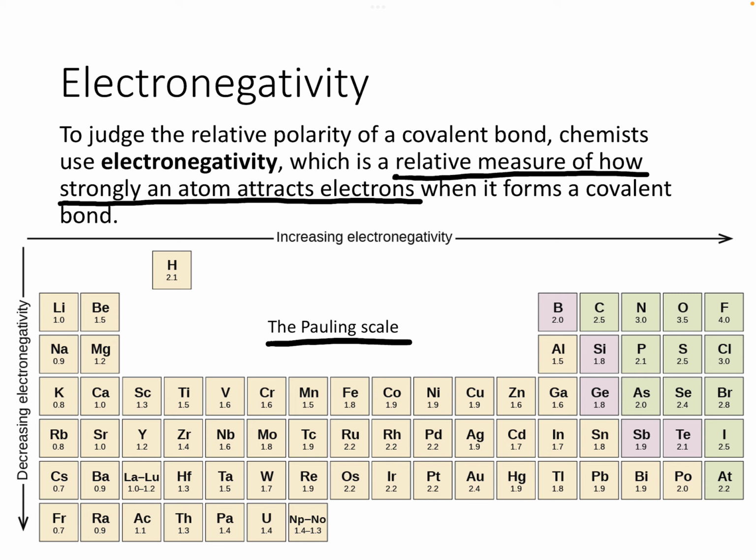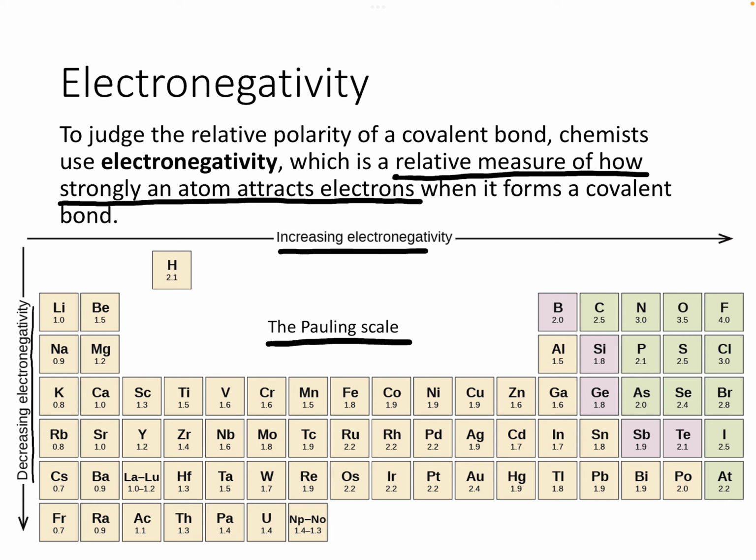So electronegativity increases going from left to right on the periodic table. So atoms on the right-hand side of the periodic table like electrons a lot more, or they're more electronegative, we would say. And then electronegativity decreases going down a column or group. So atoms that are on the bottom of the periodic table like electrons less.